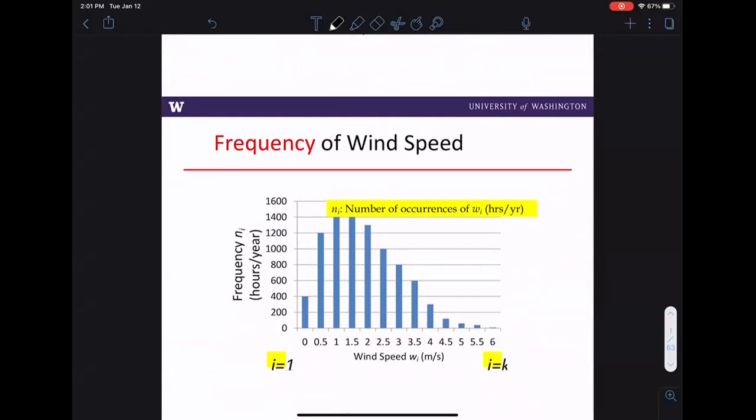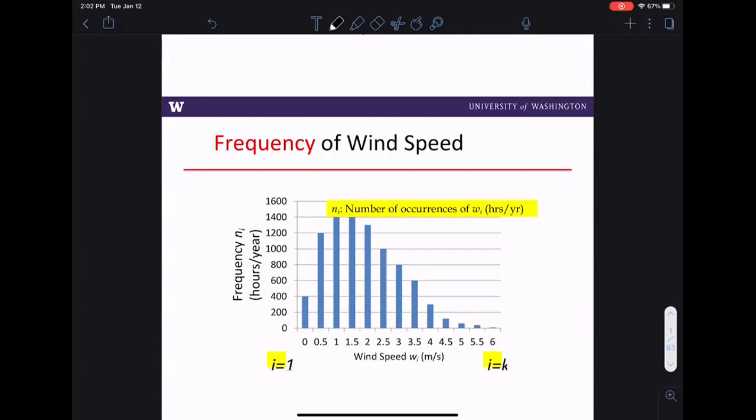So we need a way to talk about this kind of quantity, speed or power, when it's not a constant value. We need a formal framework to talk about speed or power. That's why we're going to look a little bit into probability.